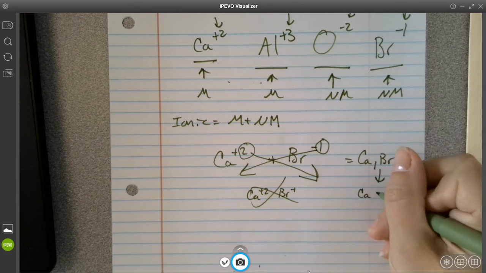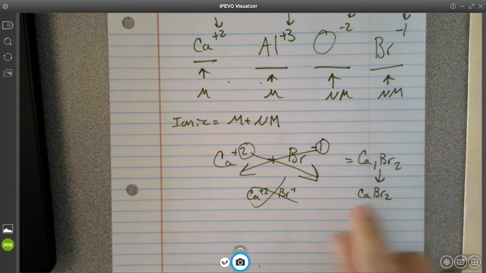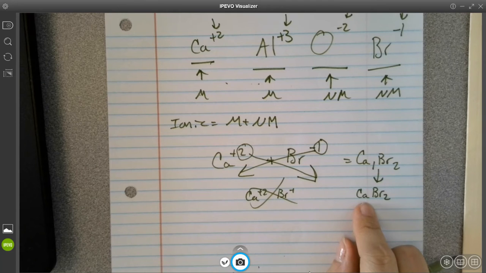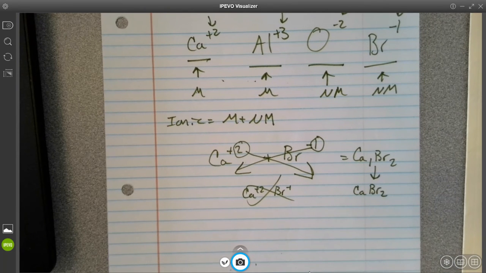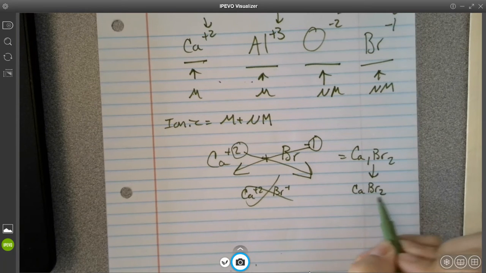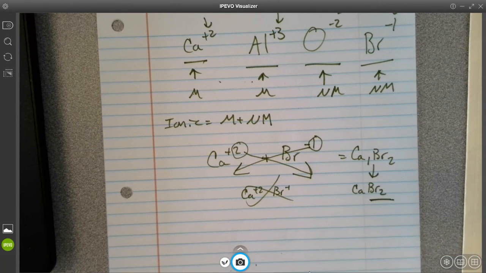But technically, you would write it out CaBr2, because technically calcium is already there, so you don't need to write a 1. But for bromine, there's 2 that need to be present. So therefore, the 2 needs to be written.